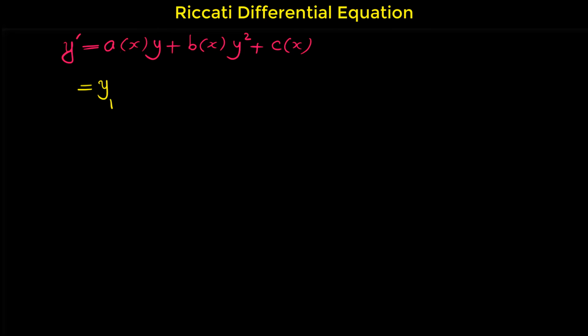If we suppose y to be y1 plus 1 over v, with this substitution we can find the general solution. With it, we can convert a Riccati differential equation to a linear first order differential equation.